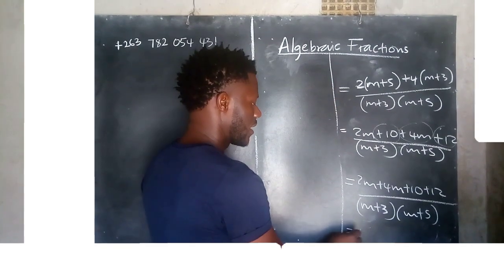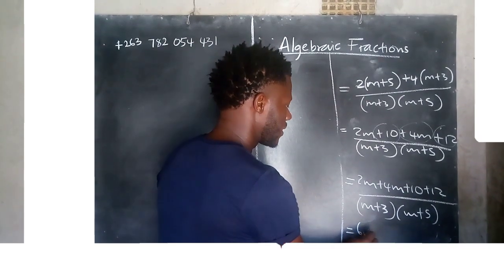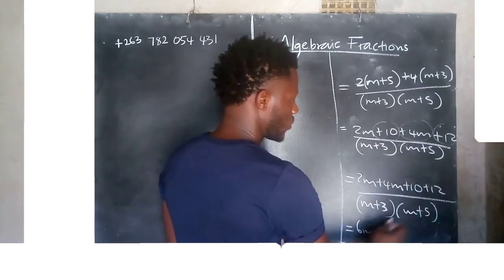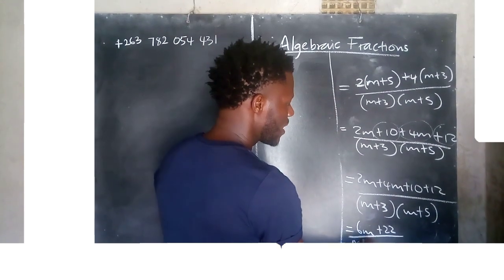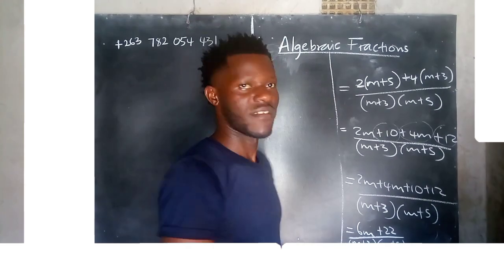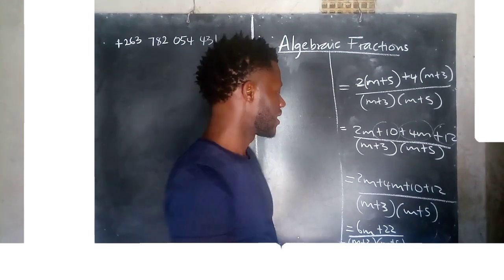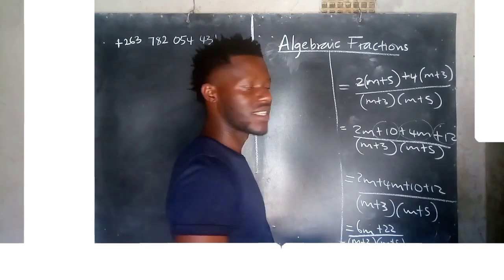Like this. Then finally, 2m plus 4m, we get 6m. 10 plus 12, we get 22. And the denominator will remain (m+3)(m+5). This is how we add and subtract algebraic fractions. Anyways, let me present one more example.